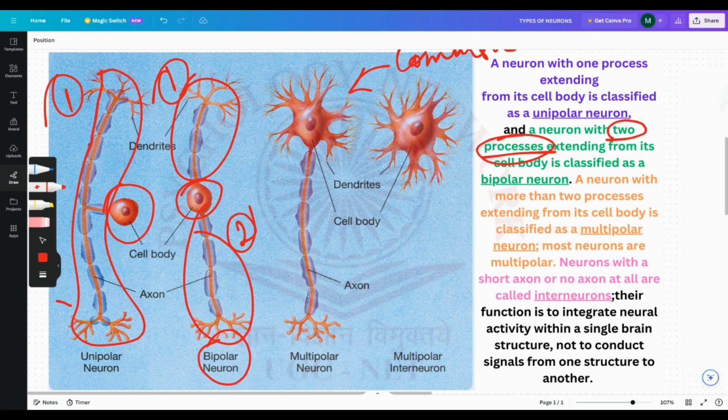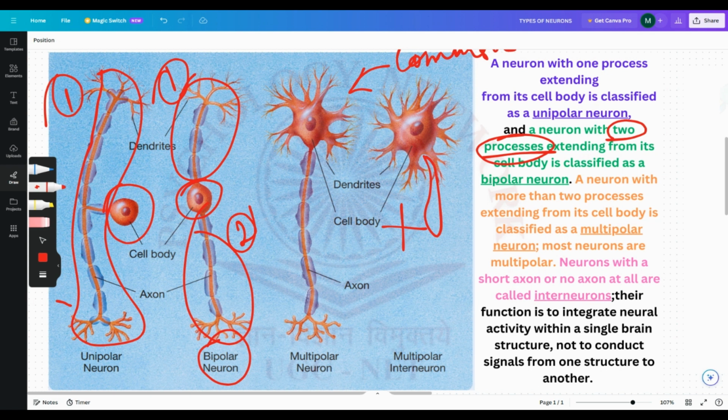And for the interneuron, actually, the neuron has either a very short axon or no axon at all. That is called interneuron. And what is its function? It's to integrate neural activity within a single brain structure, not to conduct signals from one to another.